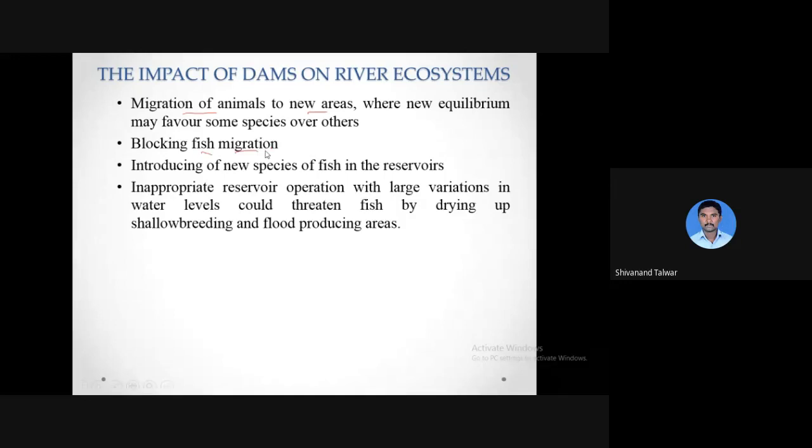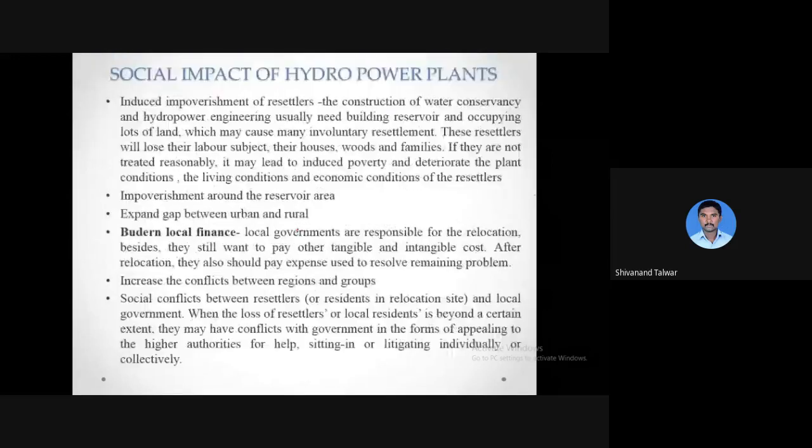If we are constructing the dam, from upstream to downstream, there will not be any migrations of the fishes. Then, if the construction is done, the authority may introduce new species of fishes. This will destroy the breeding of the fishes and flood producing areas. So these are the impacts on ecosystem.